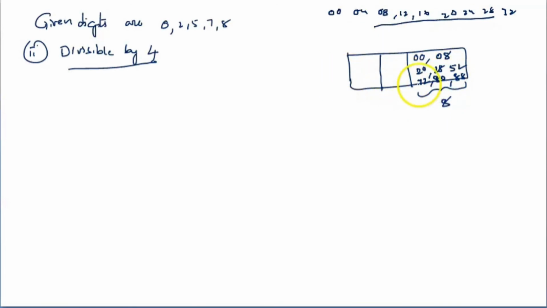The first place should not be 0. So my last work is completed. A multiple of 4 must be there, so the last place is completed.